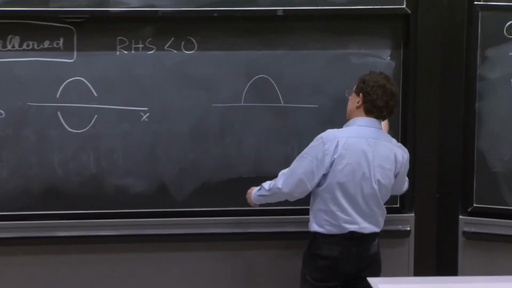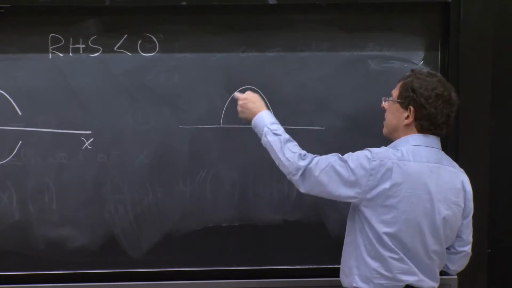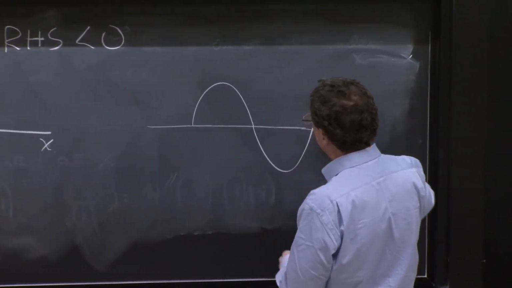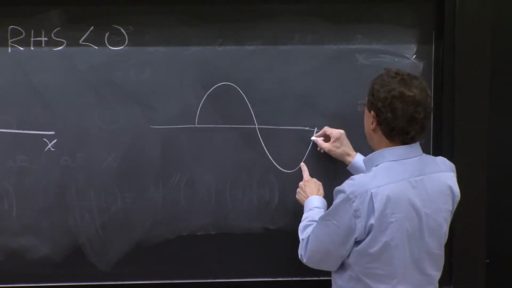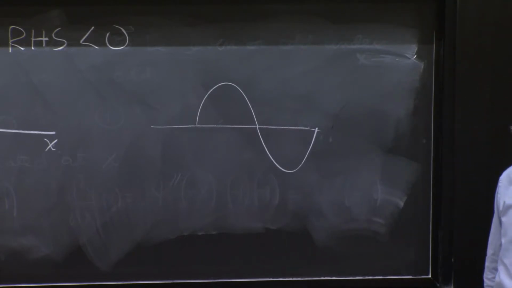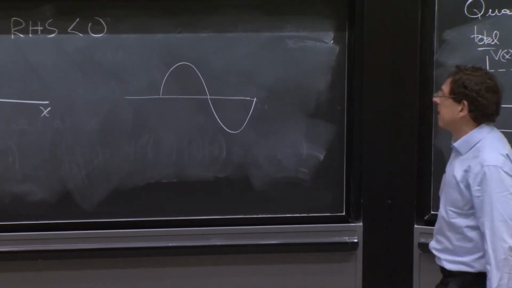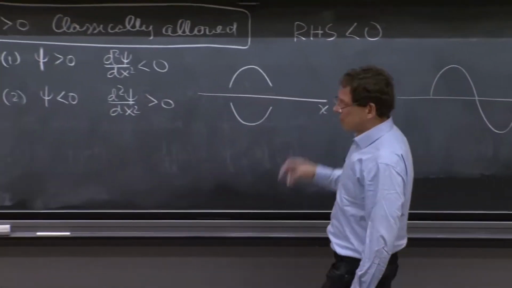Suppose all this is classically allowed, then you can have the wave function positive and the second derivative negative, matching nicely with the other half, the second derivative positive and the wave function negative, and that's what a sine function is. It just goes one after another. So that's what things typically look like in the classically allowed region.